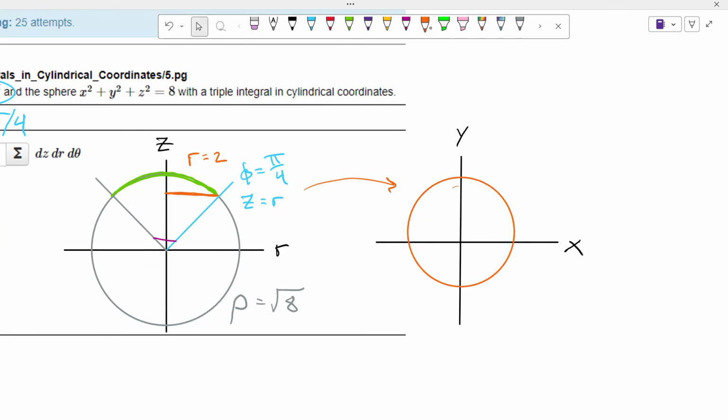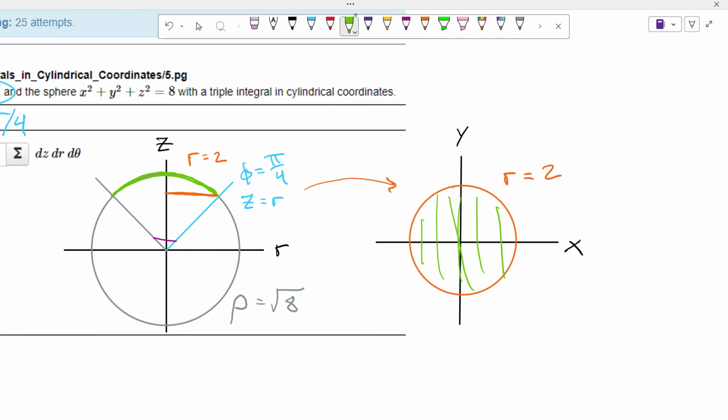This is going to be the equation r equals 2. That's, again, intersecting the cone and the sphere. If we're looking at this thing from above, we'll see the green sphere on top of it.